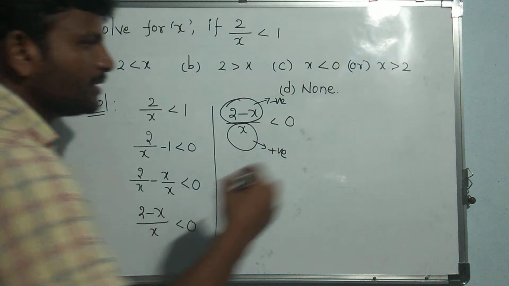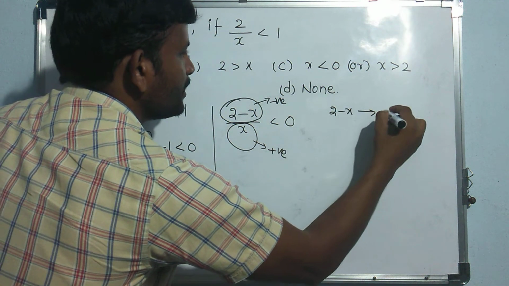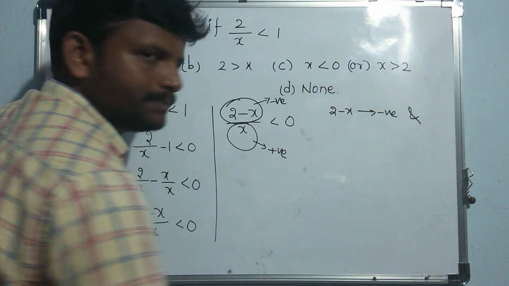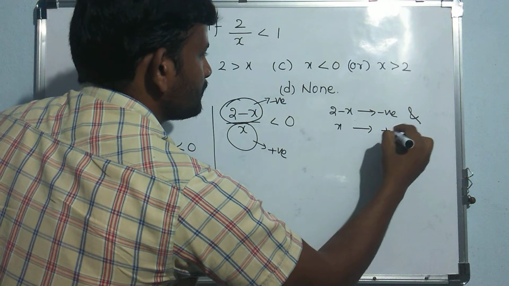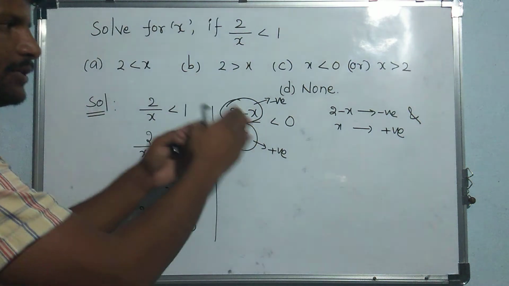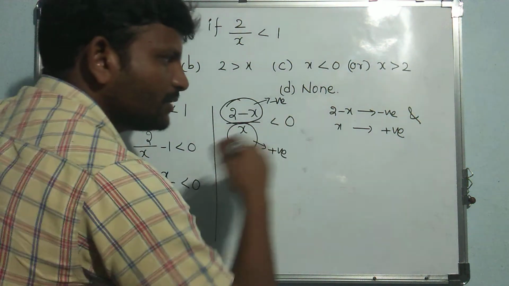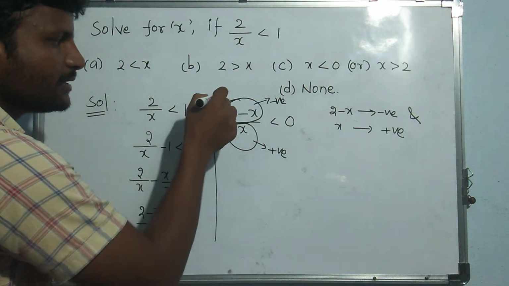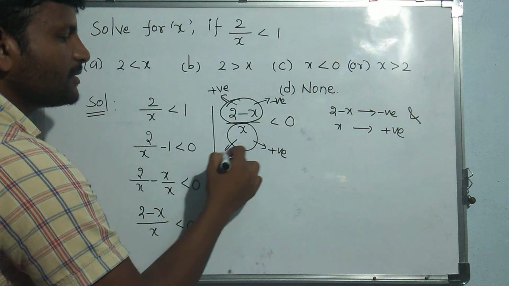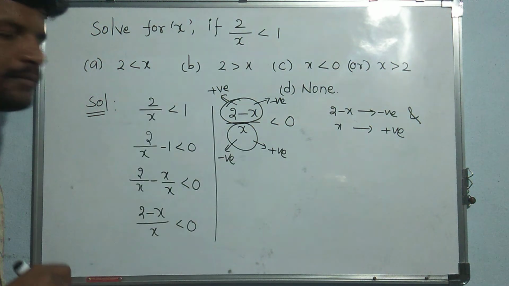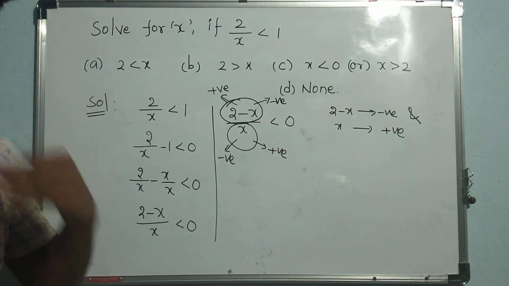One solution I am writing is 2 minus x should be negative, and at the same time x must be positive. The numerator must be negative and the denominator should be positive. One solution like this. Or another is if this is positive and this must be negative. Is it clear? If the numerator is positive, the denominator must be negative.